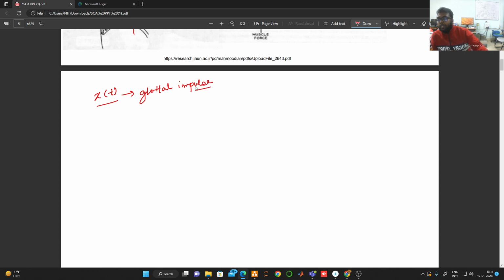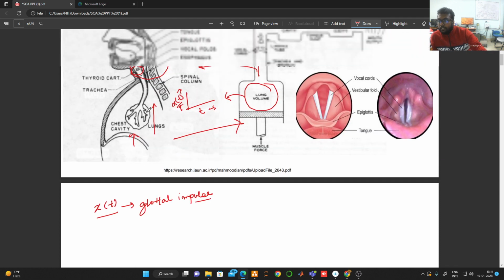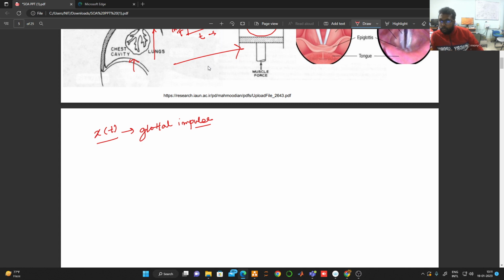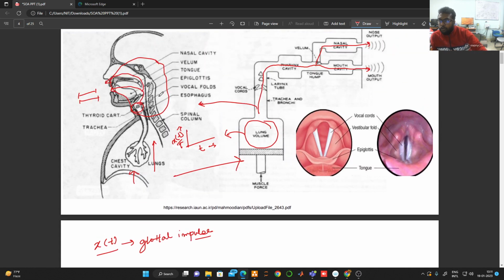Now what is a glottal impulse? That is the basic airflow coming out of our lungs and making the vocal folds vibrate. Thereafter it goes to the whole vocal tract, this part, the complete vocal tract.